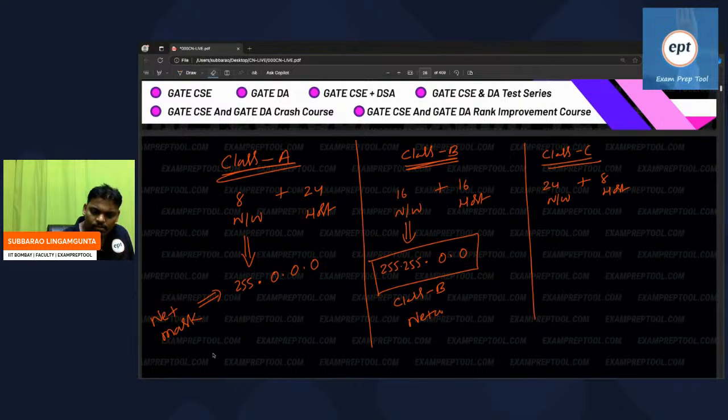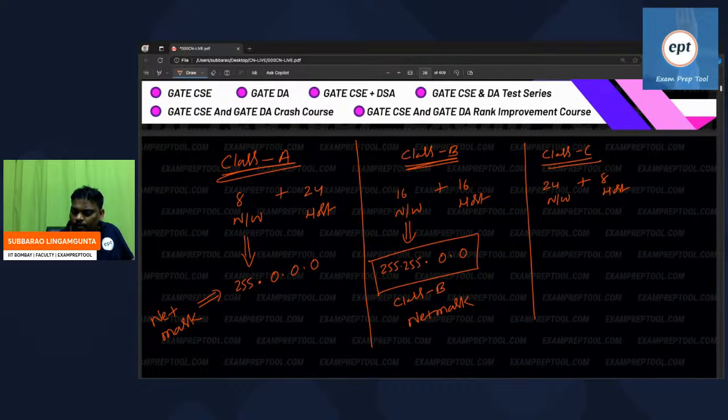Net mask is something like a mask. Mask means hiding. Every class has a net mask. What is the meaning of net mask? Network part all ones, host part all zeros.